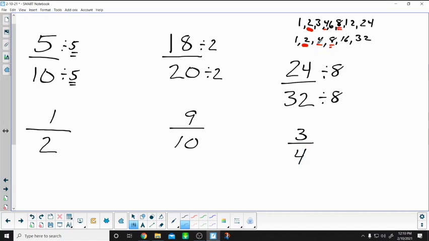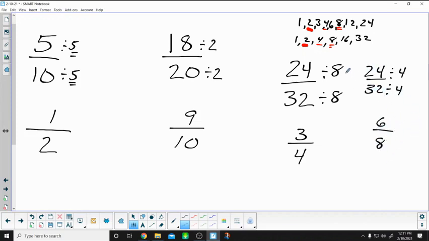Now don't worry, if you pick one of these smaller ones and you go ahead and do this, you'll end up with a fraction. Well, let me show you what happens. If I went 24 divided by 32, and I was like, oh, I'm going to pick 4. I know 4 goes into both of these. Now 4 isn't the greatest one, but it is one that they have in common. So if I go 24 divided by 4, that's 6. And if I go 32 divided by 4, that's 8.